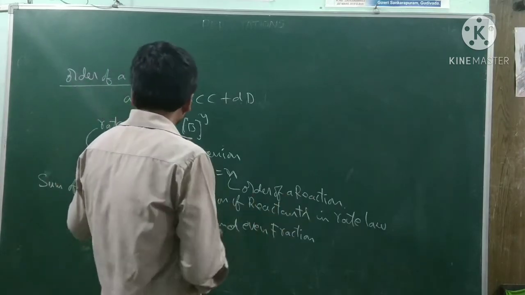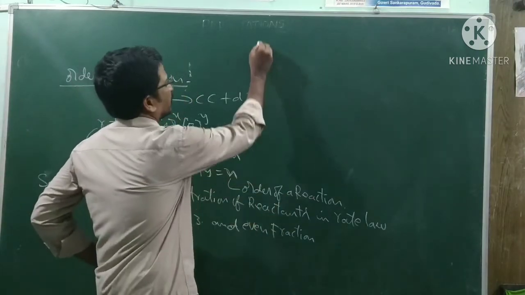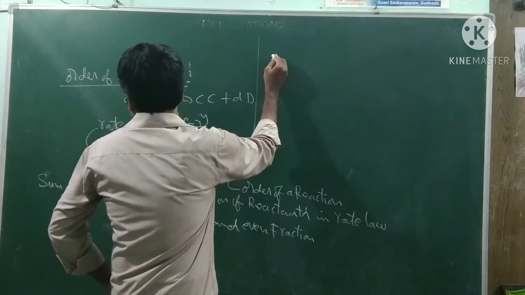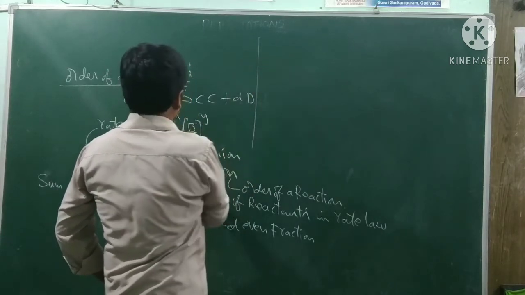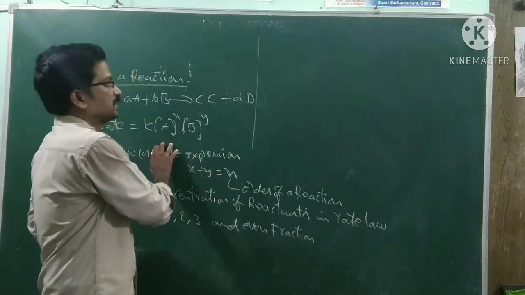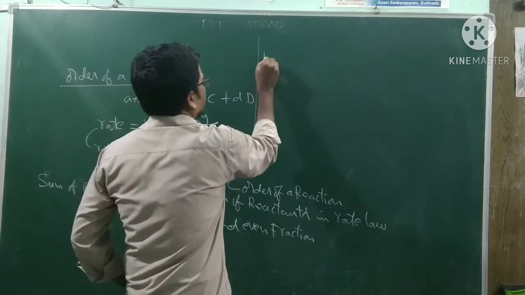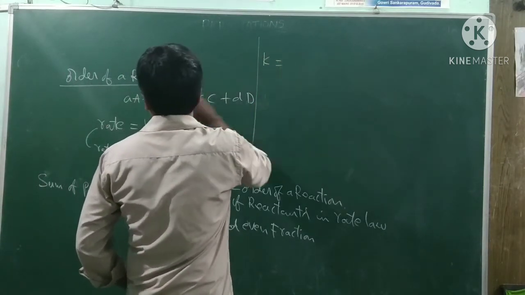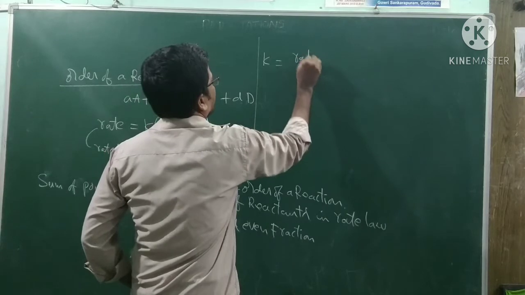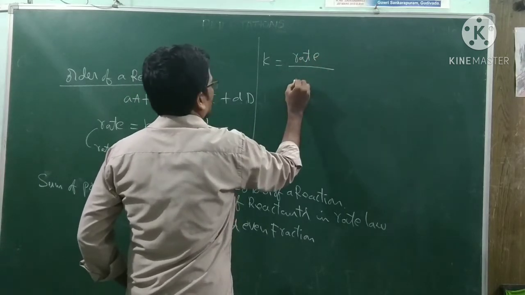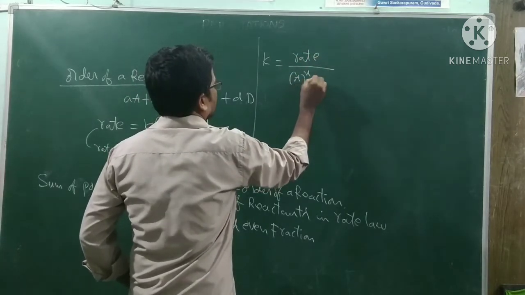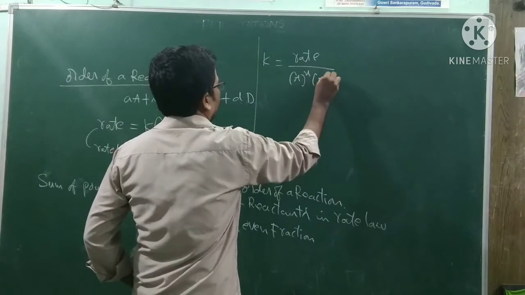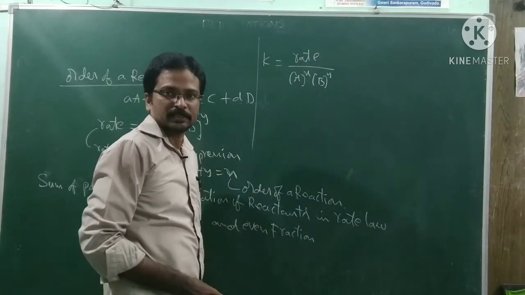Let us look into the matter. For this reaction, you may write the rate constant K is equal to rate by [A] to the power of x, [B] to the power of y. You may write it like this also.